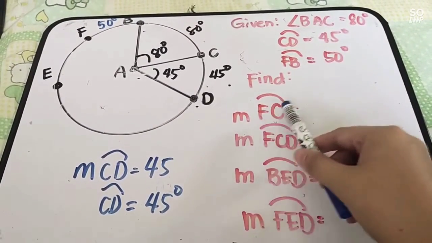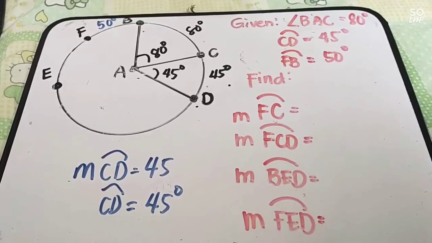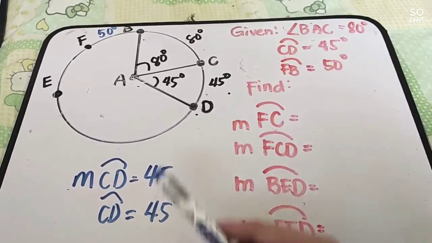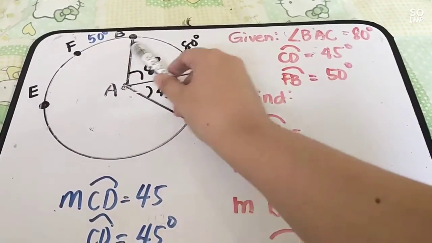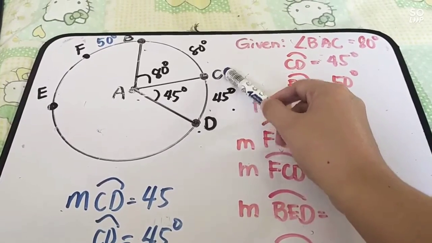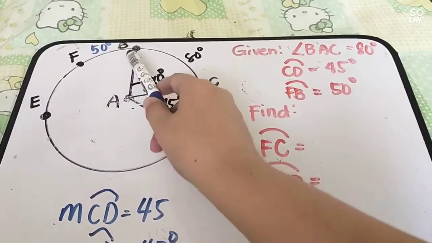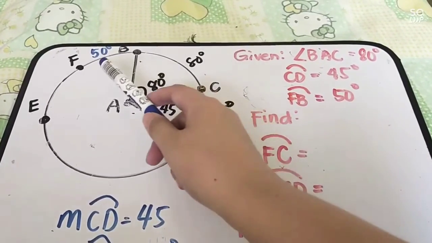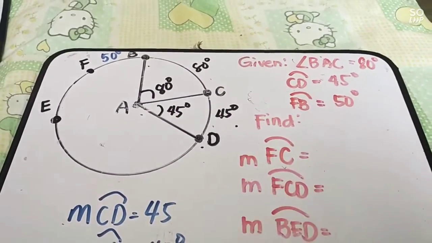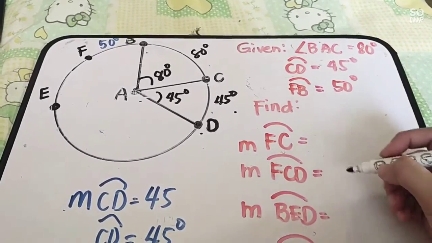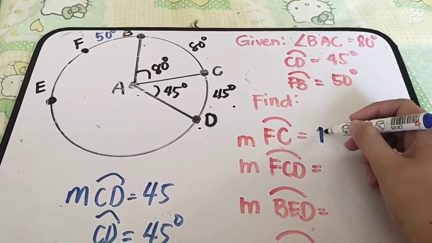Okay, now let us answer arc FC. If we need to find the measure of arc FC, we need to add the measurements of FB and BC. So, we have 50 plus 80. The answer here is 130.